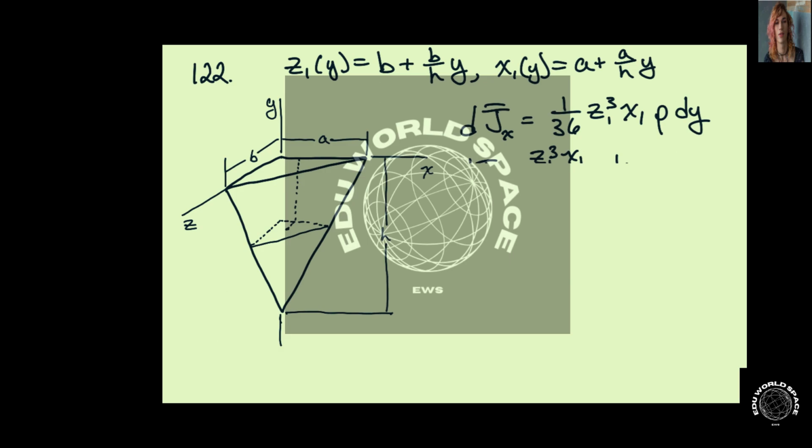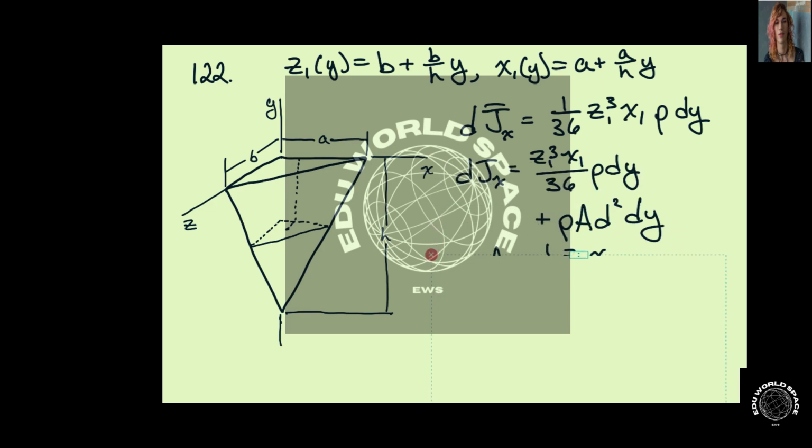So the area moment is 1 over 36 times the base times the height cubed. So we get z1 cubed, this function cubed, times x1. So then we can substitute all of this, and this all becomes a function of y.